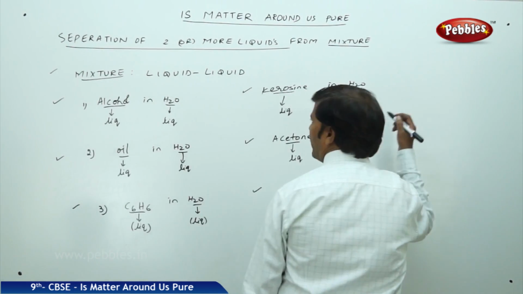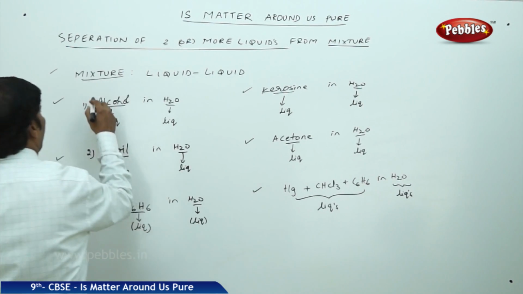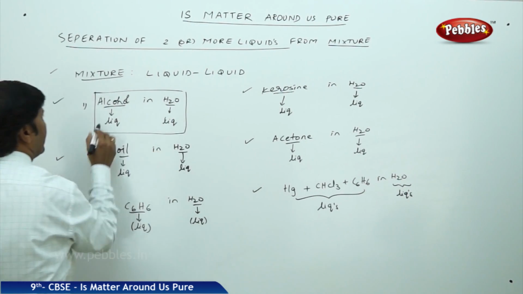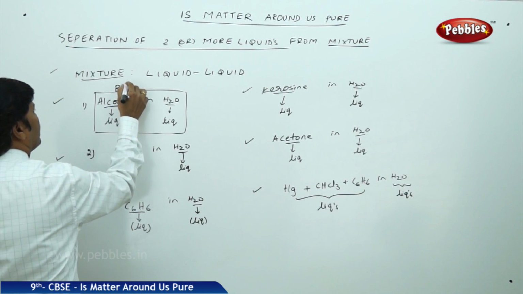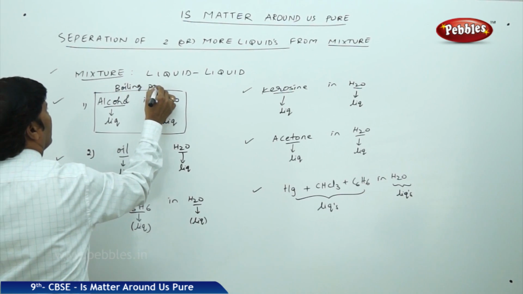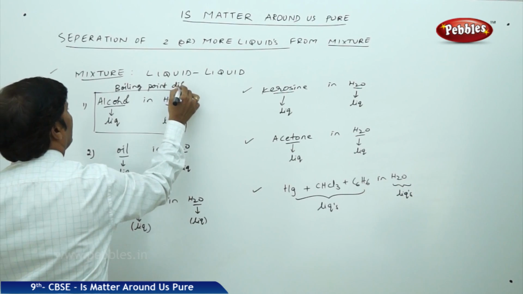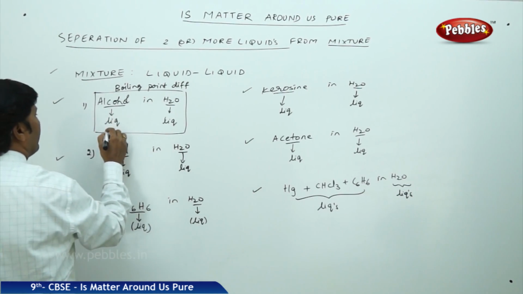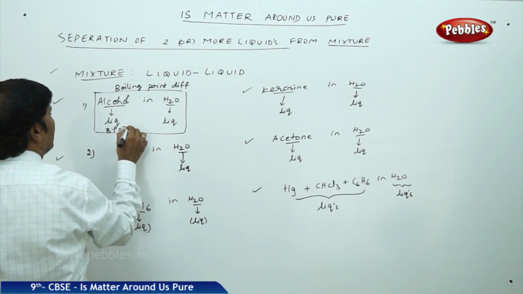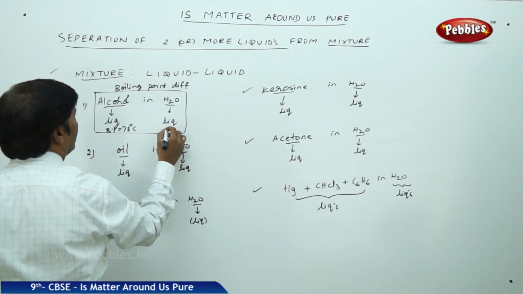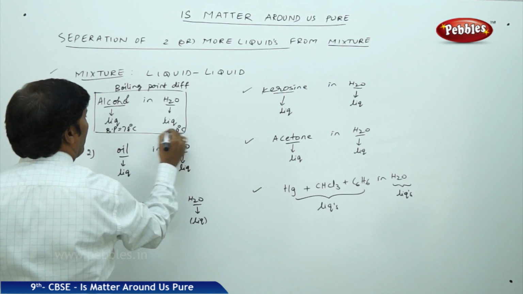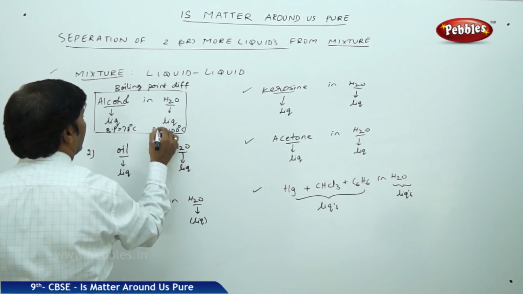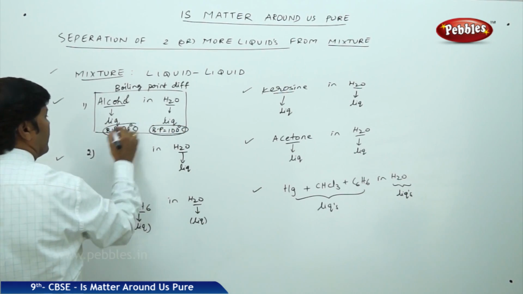For example, if you take this example, I can say the boiling point difference. You can find that there is a boiling point difference between alcohol and water. Alcohol boiling point is 78 degrees centigrade, water boiling point is 100 degrees centigrade. So you can find the difference in the boiling points.